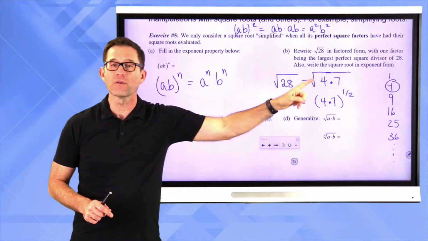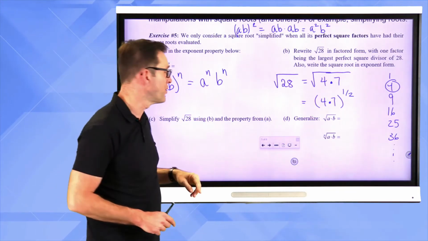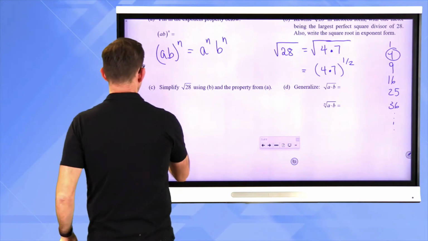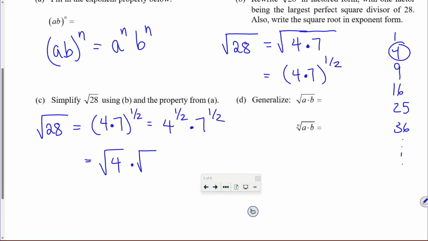But since the square root is an exponent, this property must hold, which means that the square root of 28, which is the equivalent of (4 times 7) to the 1/2, can be thought of as 4 to the 1/2 times 7 to the 1/2. But that's then the same as the square root of 4 times the square root of 7.